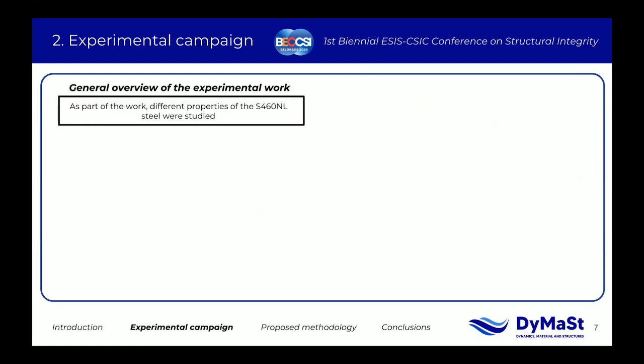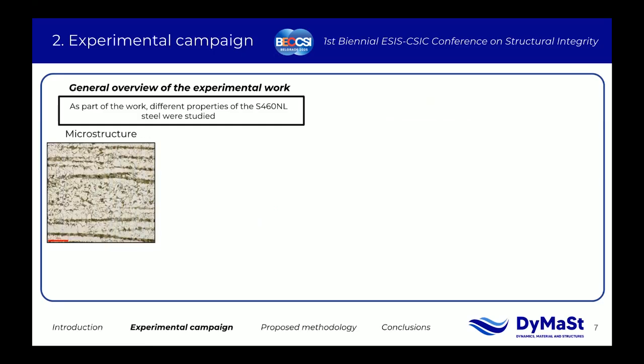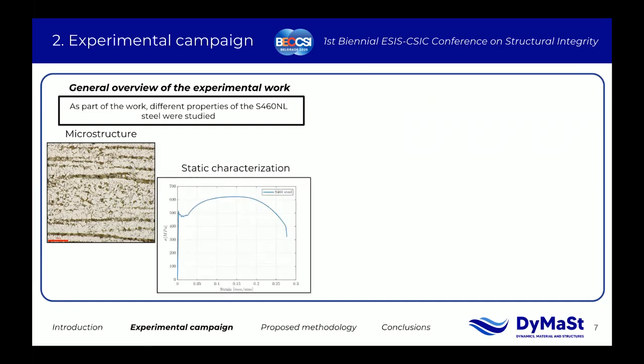In this case, we focus on the S460 NL steel, and several tests were carried out in this material. For example, some microstructure analysis in which we can see the typical microstructure of this kind of steel. Also, some monotonic tests were carried out to obtain the stress and strain relationship for this kind of steel.